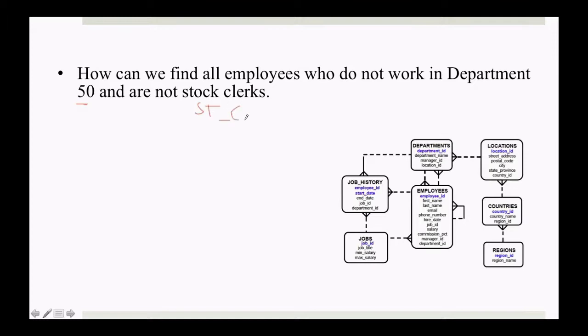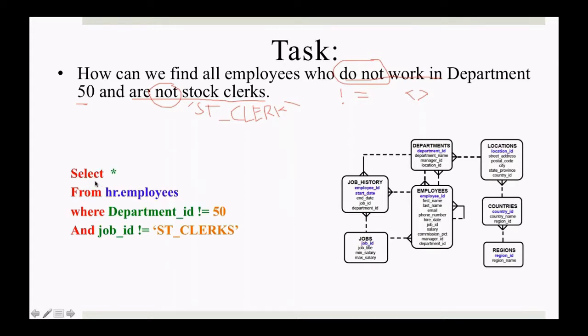And you want all the information for those. So let's see if you're able to get that answer. For this, select star from employees where department underscore ID is not equal to 50, and job ID is not equal to st underscore clerk, not st underscore clerks, by the way. So if you write this, it should be correct.